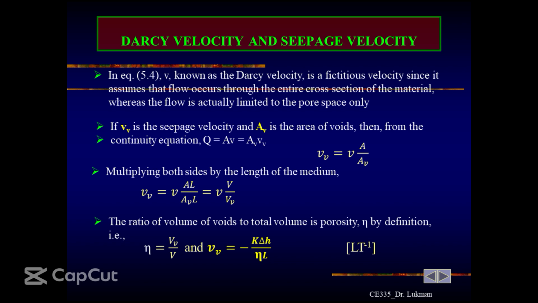So we can also define it as the cross-sectional area of the voids over the total cross-sectional area, right? From here, the area of voids will be equal to NA, isn't it? The area of voids will be equal to NA.